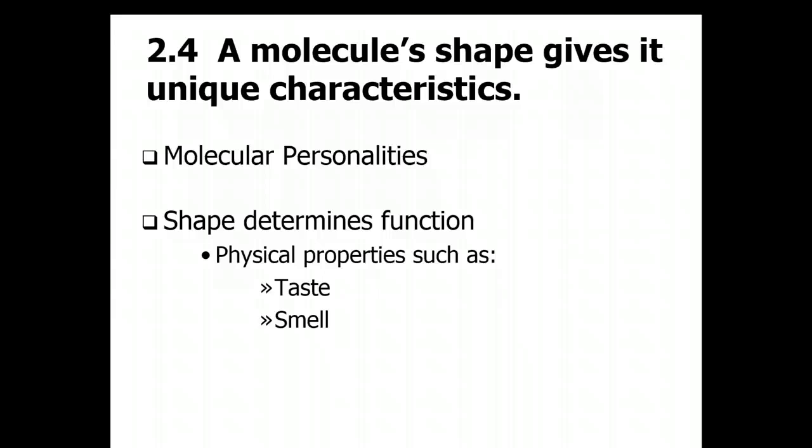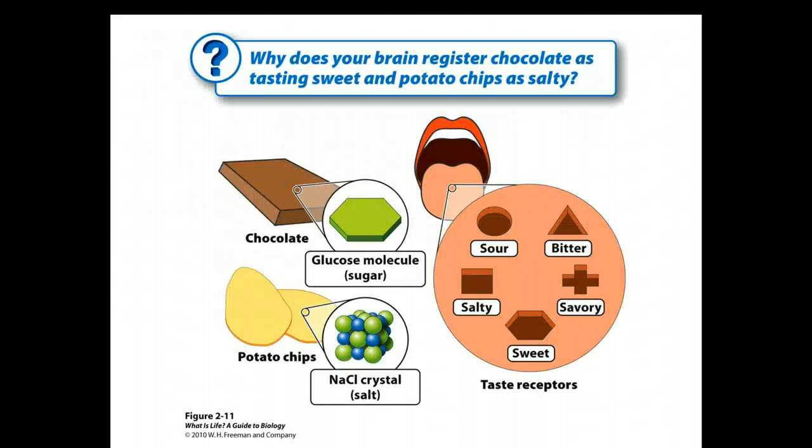Shape determines the function and the physical properties such as taste and smell, all sorts of things. So chocolate has a glucose molecule, and we have certain receptors on our tongue that look for particular shapes or structures, and you can see that with salt and sweet, and we have bitter, and various other tastes, all based on shape.